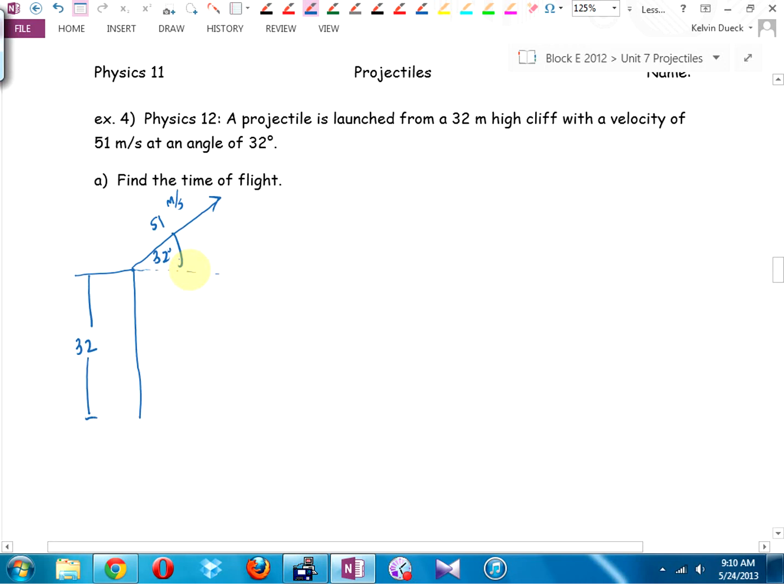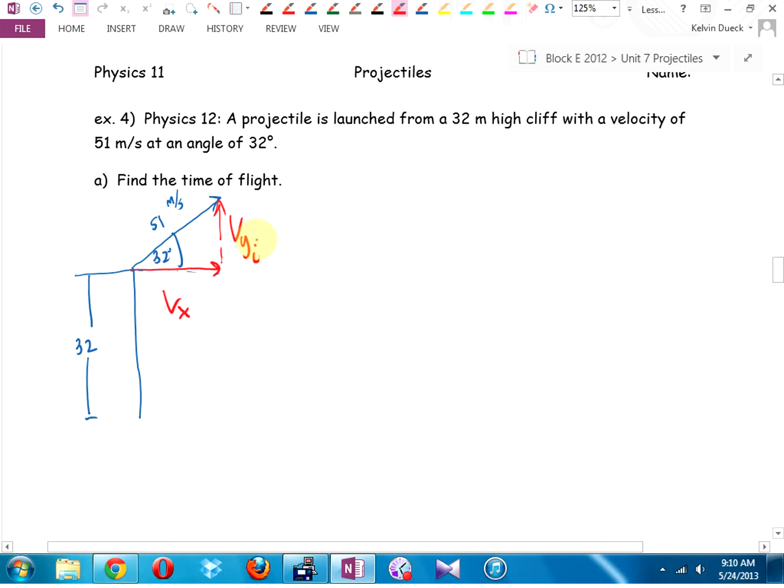What do you think we're going to do now? Components. Vx, Vy initial. Are we launching upwards at an angle?